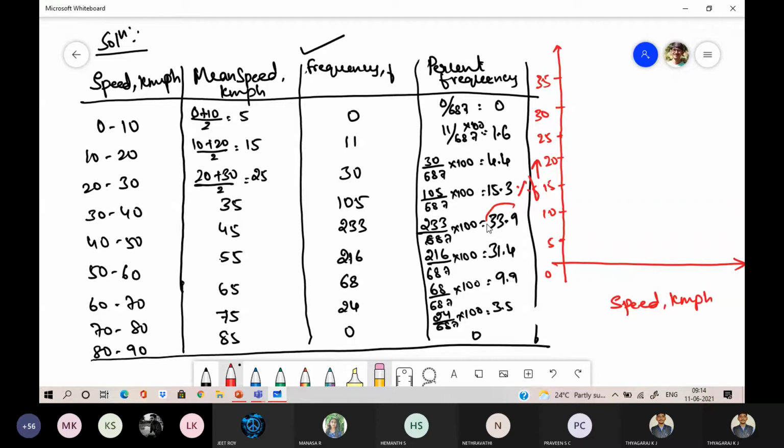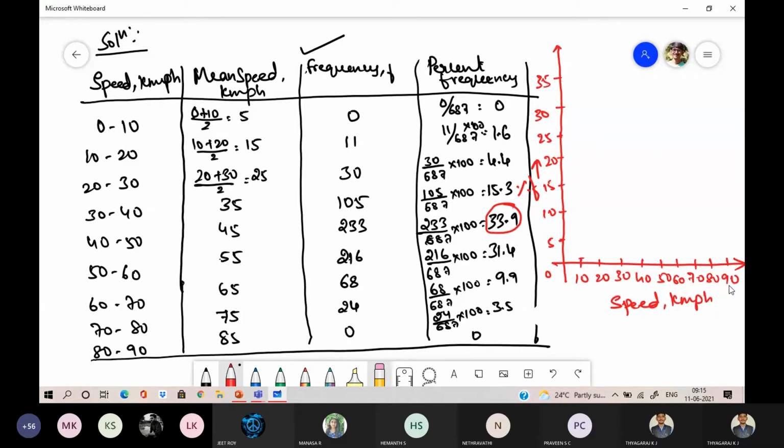So we have got the maximum value of 33.9. That's why I am representing the percentage till 35. In the x-axis, you have to represent the speed: 10, 20, 30, 40, 50, 60, 70, 80, 90.